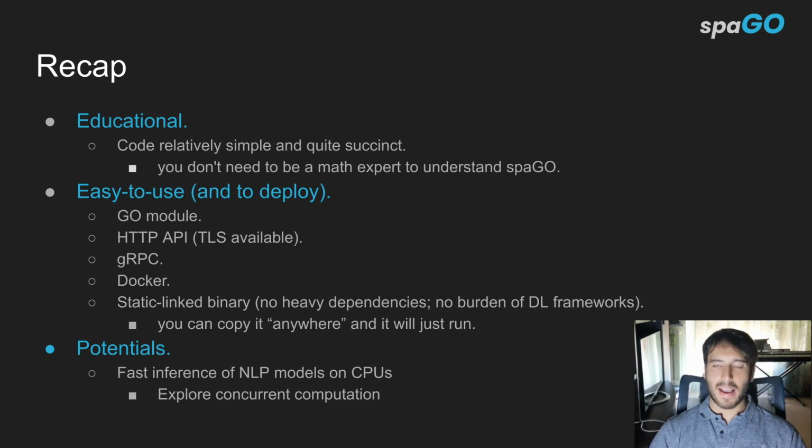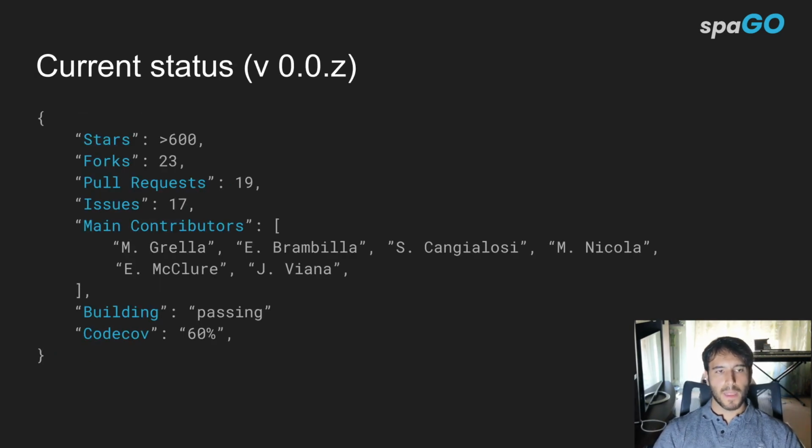And I think that, especially with your help, spaGO has great potential to perform fast inference of natural language processing models on the CPU. It's on the roadmap to explore some Go potentials, for example concurrent computations with coroutines and channels. I am already using some of these technologies, but not to the full extent. So I think there is a lot of space for improvement.